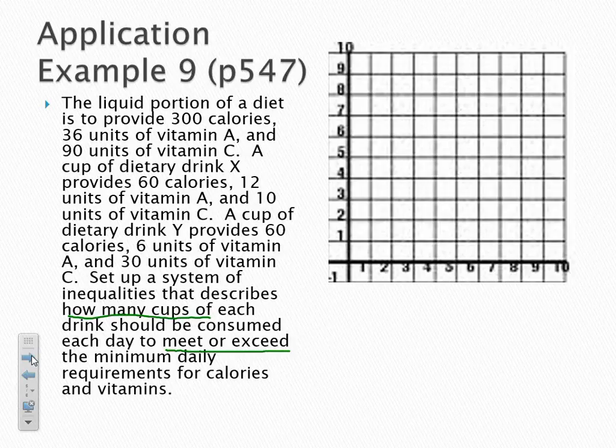If I look through, it's talking about two different kinds of drinks. We have drink X and we have drink Y. So let's define those variables first. We're going to let the variable X represent the cups of drink X, and we're going to let Y represent the cups of drink Y.